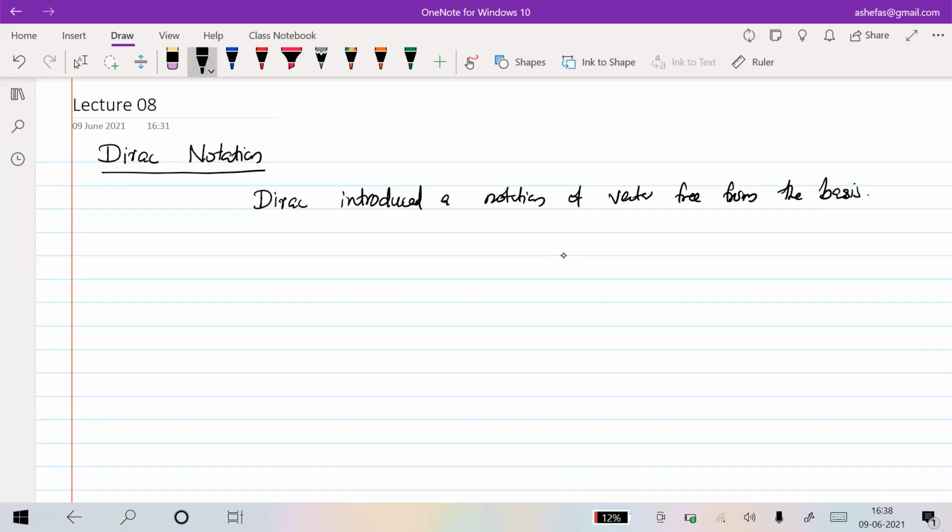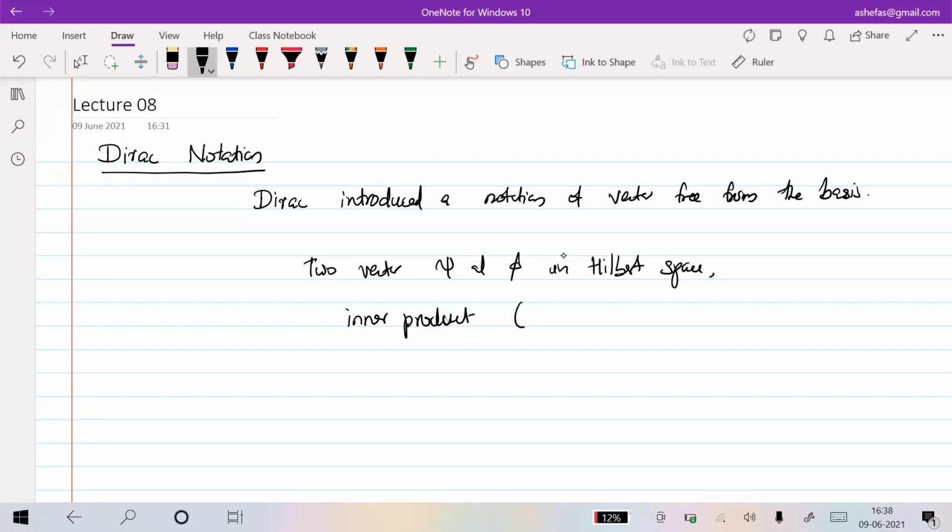And actually its motivation started from the inner product. Okay, so we know that if you take two vectors, psi and phi, in Hilbert space, we can introduce the inner product between them.